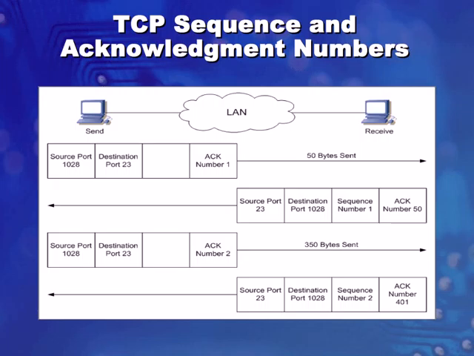We got 350 bytes sent. We're doing forward acknowledgement for 2. That sends back the other direction. The receiver, flipping the source and destination port, has responded back with sequence number 2, and the acknowledgement number here is forward acknowledgement for packet number 401. So that seems to work well. Everything is being sent back and forth between these two devices.